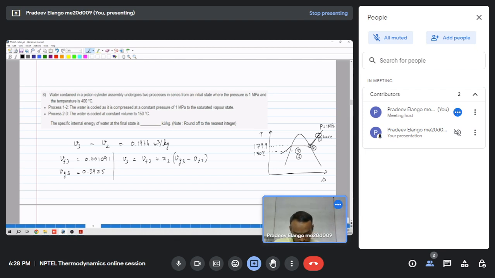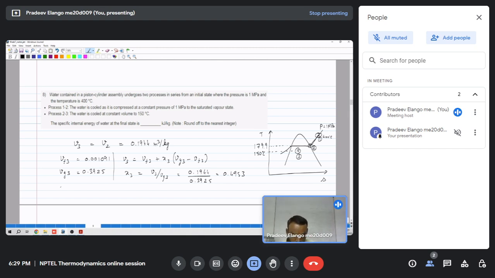Now we know Vf3 value is very low and it can be ignored. So we will have X3 is equal to V3 by Vg3. V3 is the same as V2 because it is a constant volume process. So it is 0.1944 divided by Vg3, which is 0.3925. This is 0.4953.